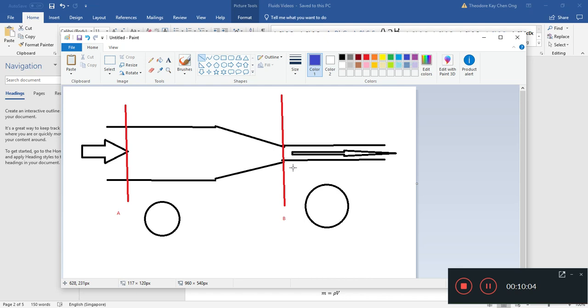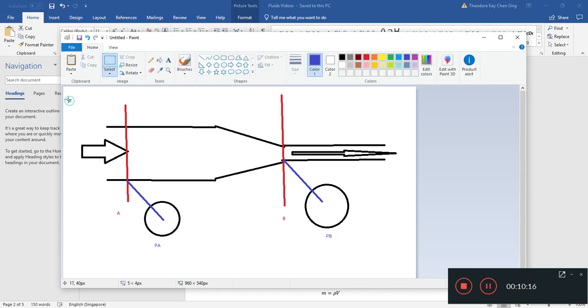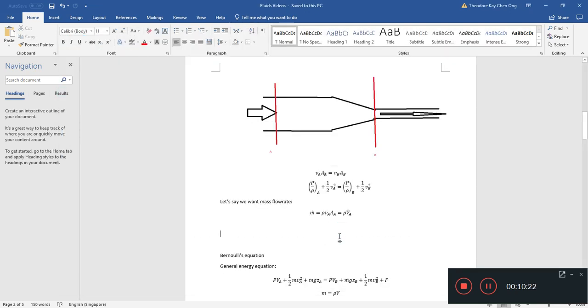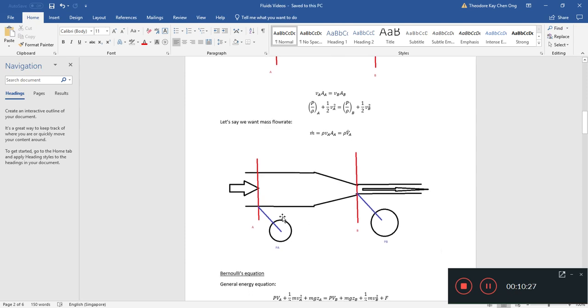I'll just put this pressure gauge here, and you have a PA here and a PB. So we'll have two pressure readings, and we should of course know the fluid density. If it's water, it's about 1000 kg per meter cube at room temperature and pressure.